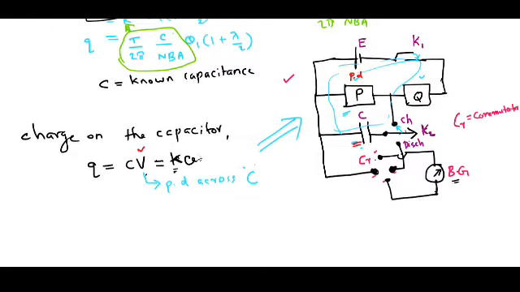Then we can write this V as E, the applied voltage, multiplied by the net resistance of this arrangement, that will be P divided by P plus Q. You might have studied the voltage divider rule in the first year B.Sc physics course.